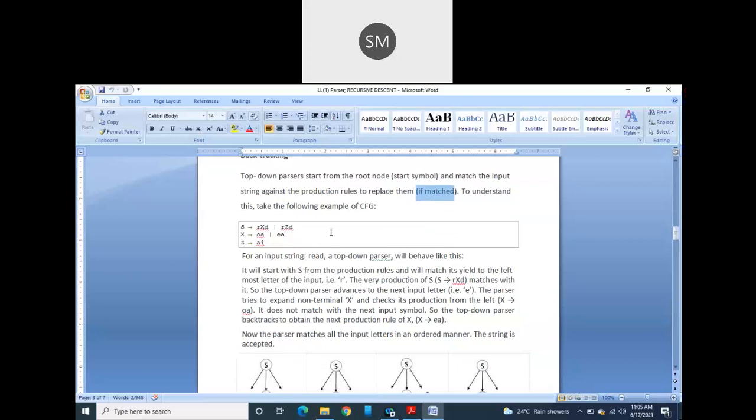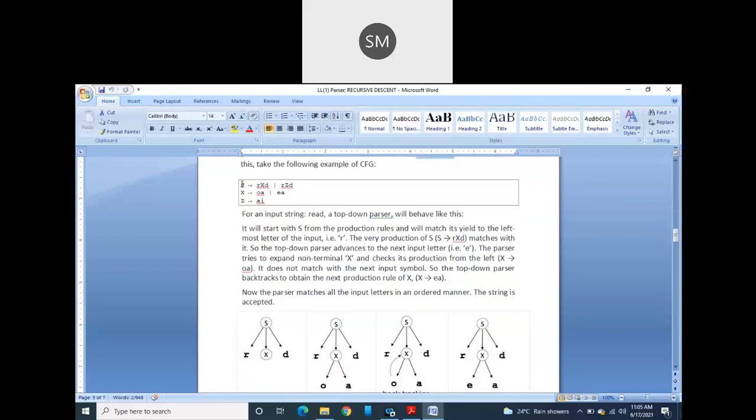To understand this better, consider this example. This is one grammar, called a context free grammar; in simplicity, you can call it a grammar. Here, the first production has S, which is the start symbol.